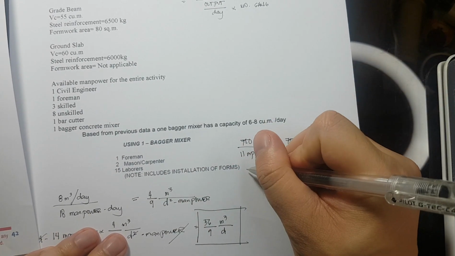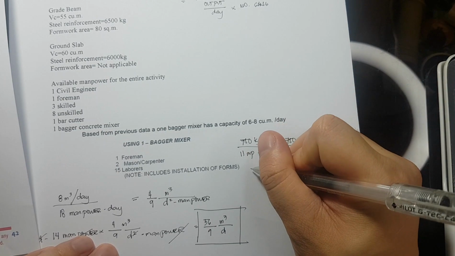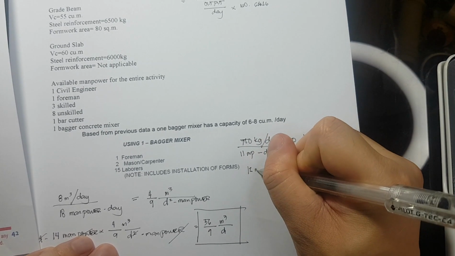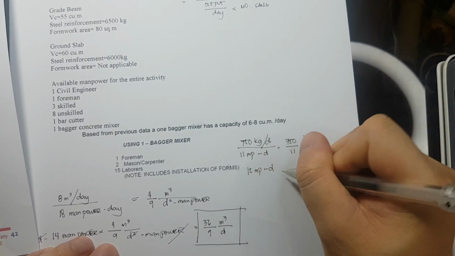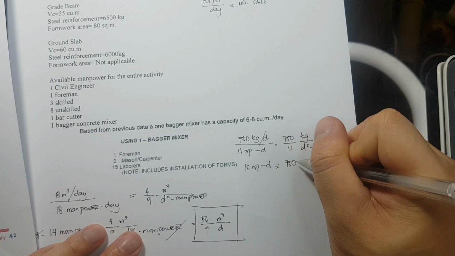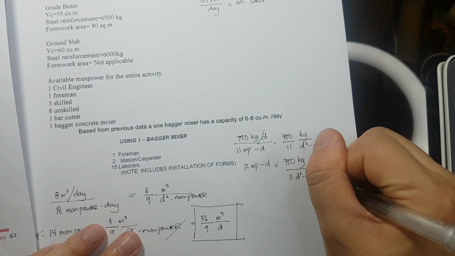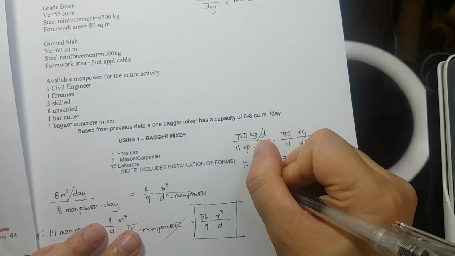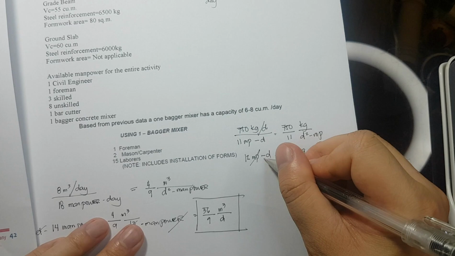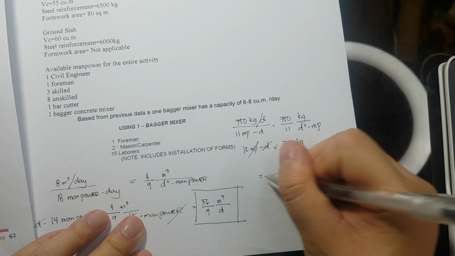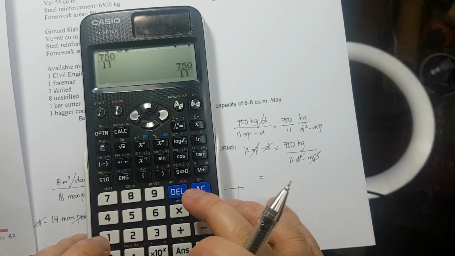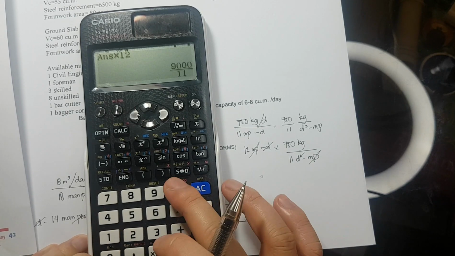So, 12 manpower day times 750 kilograms per 11 day squared manpower. Manpower, cancel. Day, cancel. So, the productivity rate would be times 12.